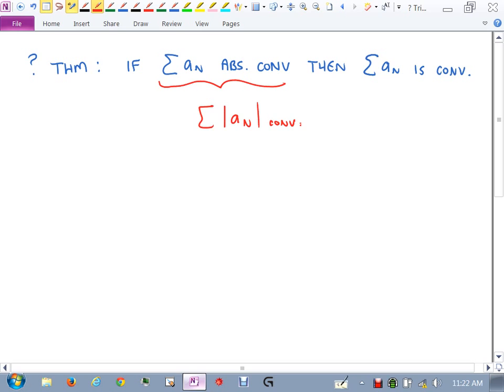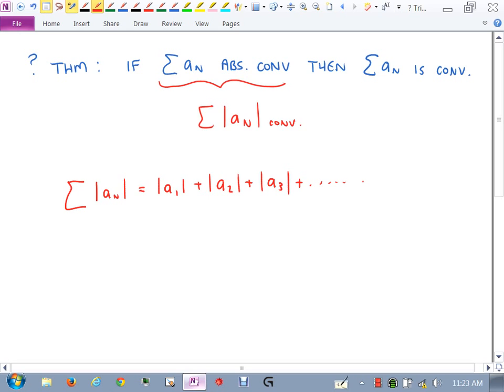Think about it. We're assuming that when we take a series, let's say the series of the absolute value of a sub n, what this looks like is the absolute value of a1 plus the absolute value of a2 plus the absolute value of a3 plus, forever and ever.